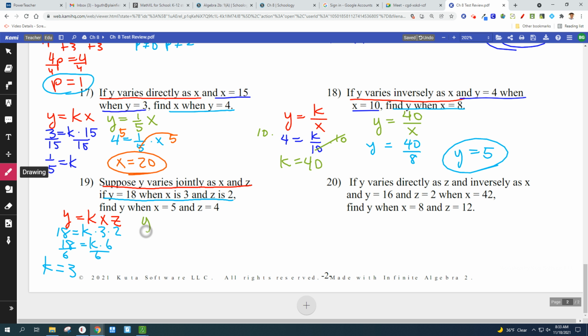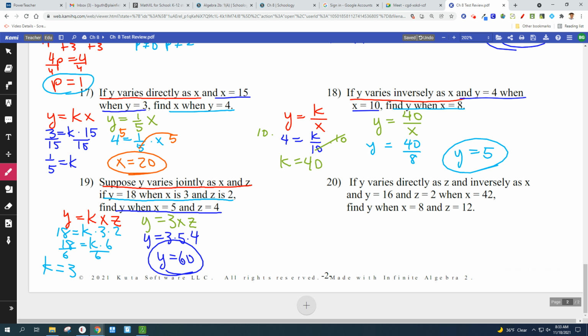So I come back to the formula and put that 3 in place. y equals 3xz. And then I will do what it says. Find y when x equals 5 and z equals 4. That's 20 times 3 is 60. y equals 60.